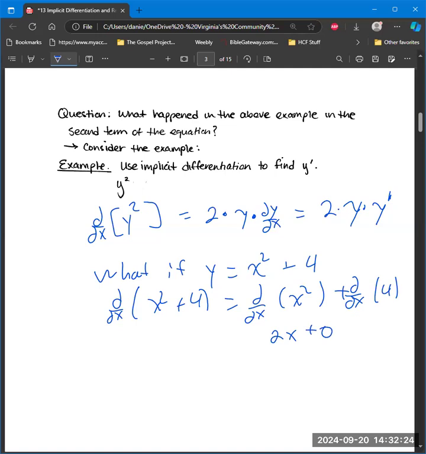In this case, though, we're going to use the chain rule because we took the derivative of the outer function, which was the squaring function, like we just did here, 2 times that inner function, and then we have to take the derivative of the inner function. So implicit differentiation is just the chain rule in disguise.